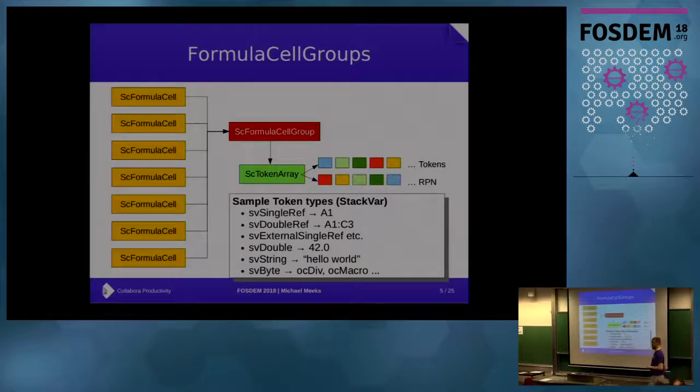So inside those formula cells, you have a whole run of these formula cells, bang, bang, bang, bang, bang, like this. But we try and group information together about them. So there's a token array, and the token array basically represents your formula. So you have equals, sum, 1, 2, 3. And there's two representations of that. The first thing is a token array like this, and these tokens are the same tokens in a different order.